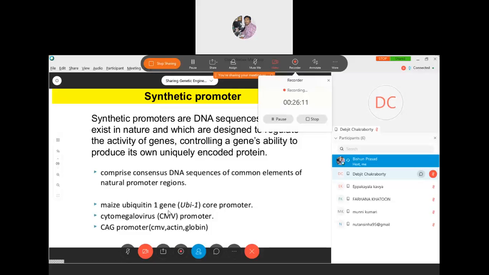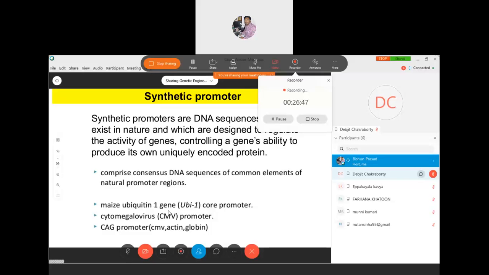Whenever we do cloning, we require vector DNA. Vector DNA is a circular DNA with a multiple cloning site, meaning it has sites for DNA digestion. You can digest your vector using particular restriction endonucleases, take your gene of interest, and clone it into the vector, which contains promoter as well as terminator sequences.